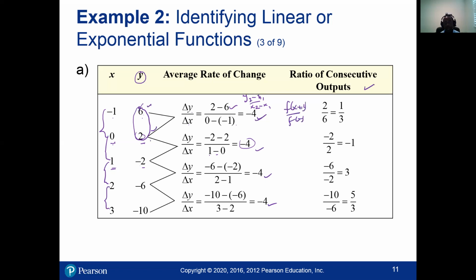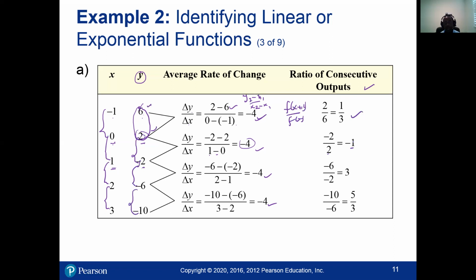In this case, it is 2 divided by 6, which gives me 1/3. Then between these two, this will be negative 2 divided by 2, which is negative 1. Then repeat it between these two, and then lastly, that 2.